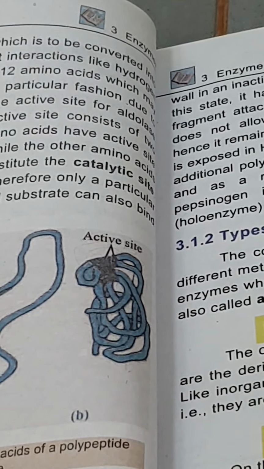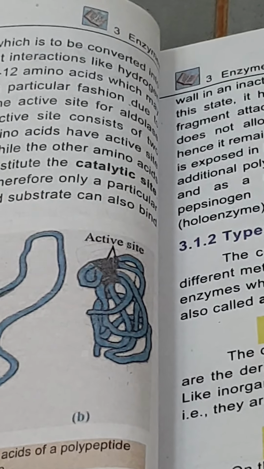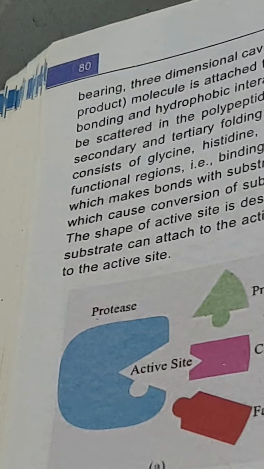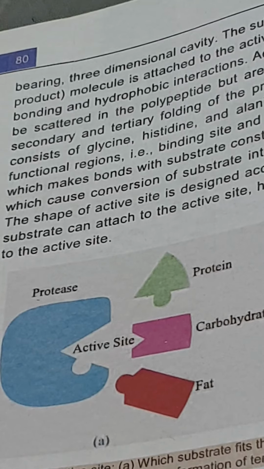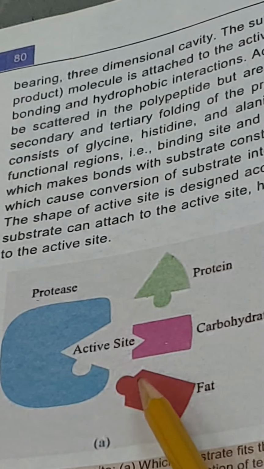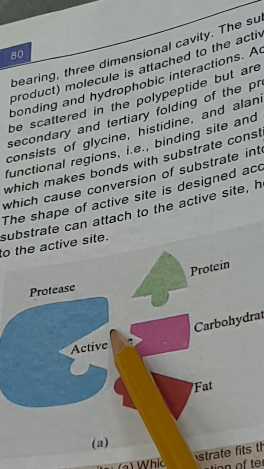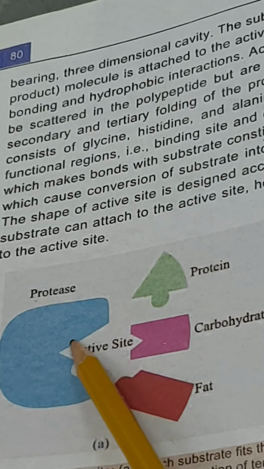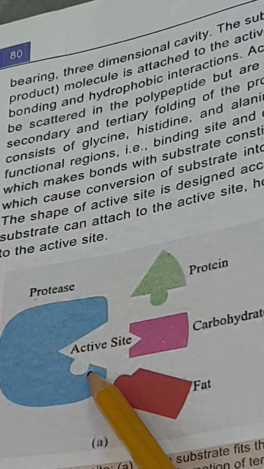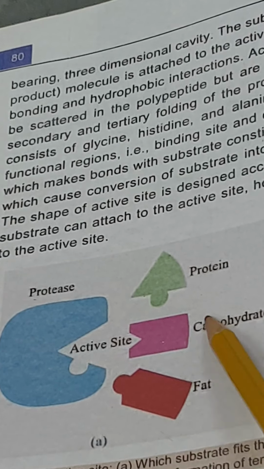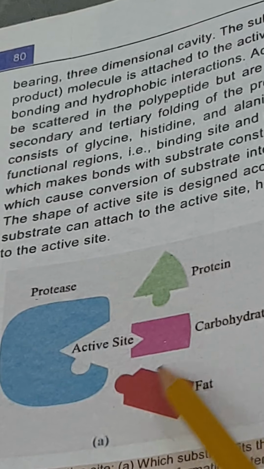A binding site has a special shape, and therefore it can only attach a specific substrate. Like we can see, this shape is responsible for the binding of this substrate only.